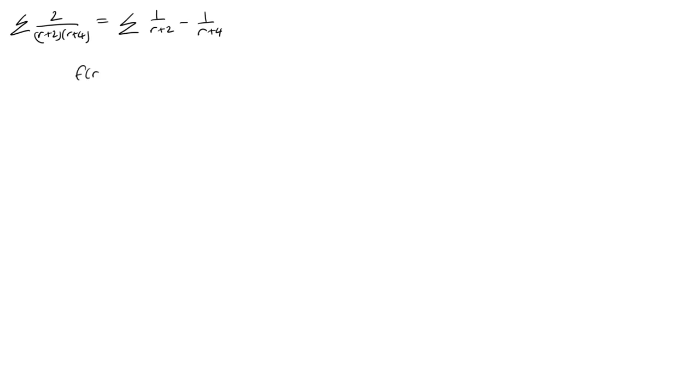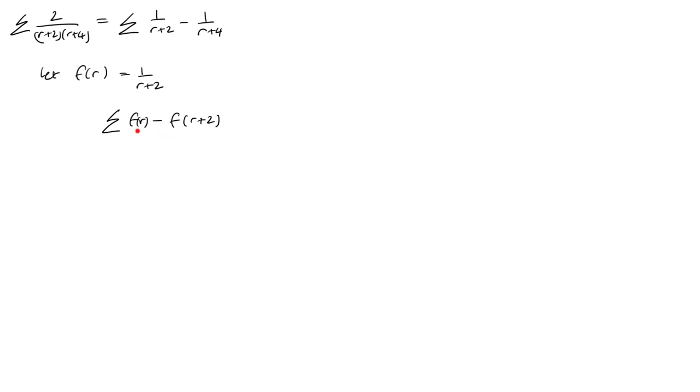And if I said let f(r) equal 1 over r plus 2, then what I've got is the sum of f(r) minus f(r+2), because this r plus 4 is r plus 2 plus 2, isn't it? So if f(r) is 1 over r plus 2, f(r+2) is r plus 2 plus 2, which is r plus 4. So I've got this, okay?